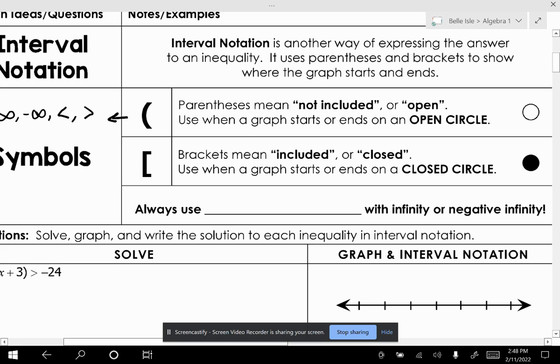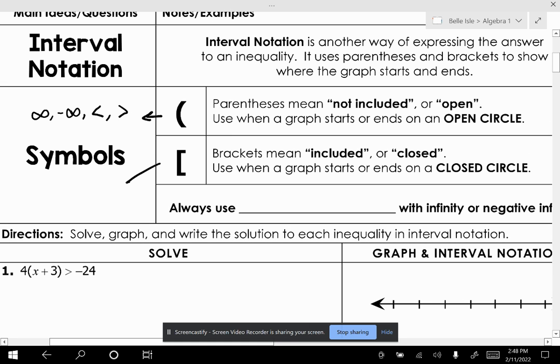But the brackets, we will use the brackets on only 2 occasions: if the problem has a greater than or equal to symbol or a less than or equal to symbol.